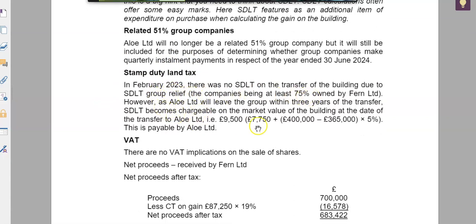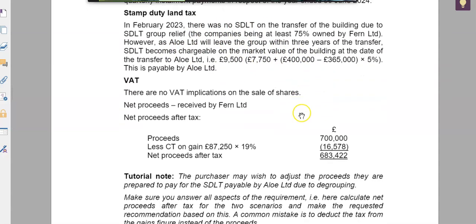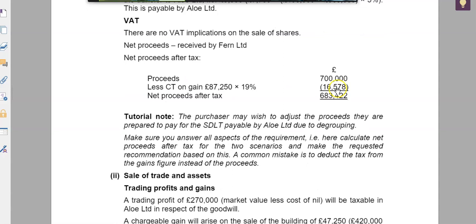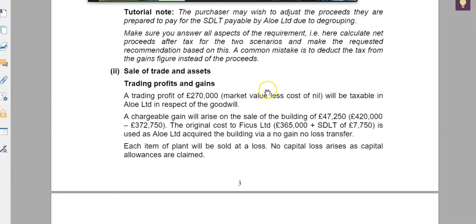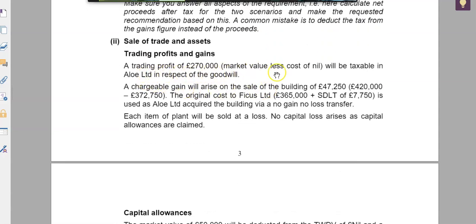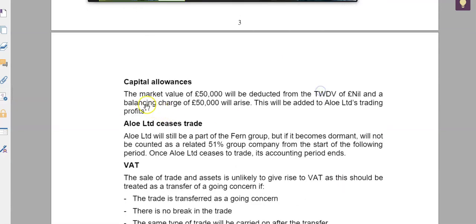Stamp duty land tax, we didn't discuss this. Okay, we discussed this. VAT implications, after tax proceeds, trading profit 270,000 in respect of goodwill, gain of 47,250 on the building. Each item will be sold at a loss, no capital gain arises.